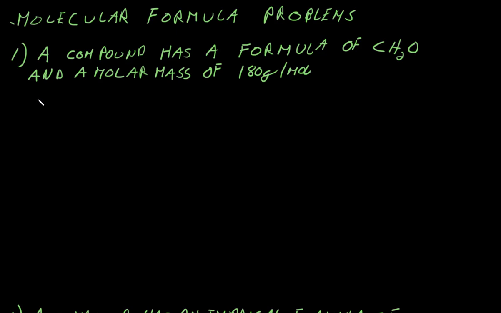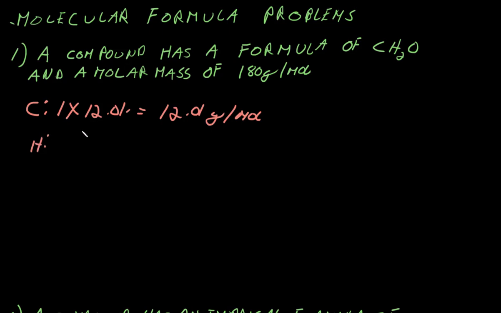So carbon, we have 1 mole of carbon, and we know 1 mole of carbon is 12.01 grams per mole, and so 1 times 12.01 is going to be 12.01 grams per mole.